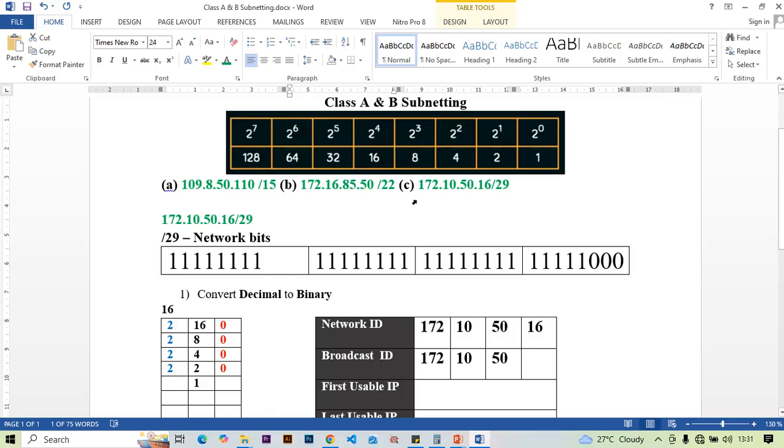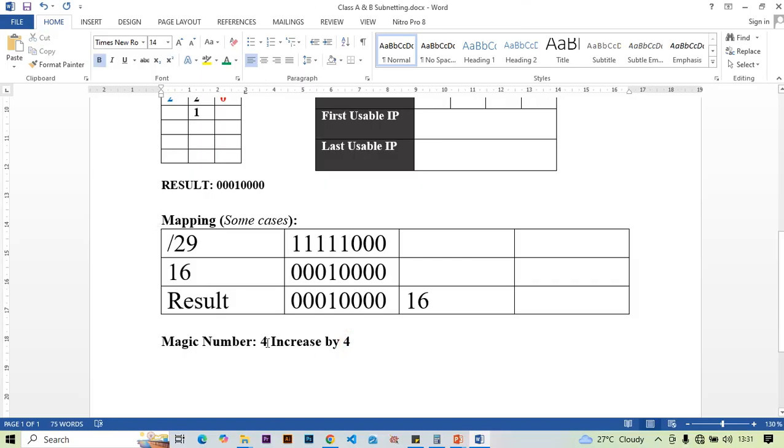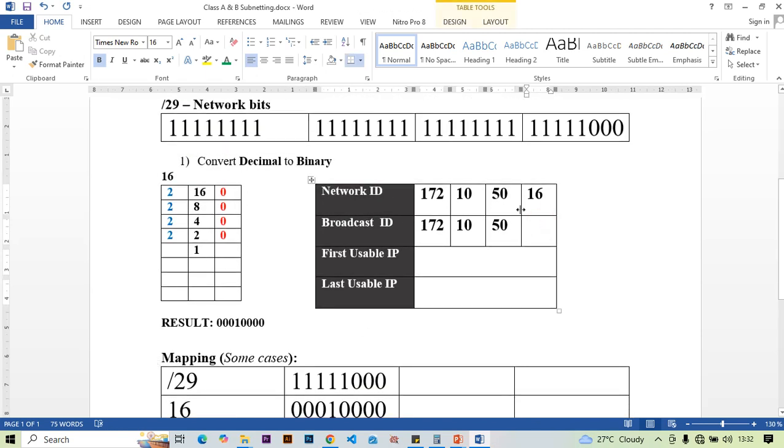It means our magic number is basically 8. So that means our network increases by a value of 8. So now, having gotten this magic number, how do you find the broadcast number? By adding the network ID of the network that we have currently, which is 16, to the magic number.